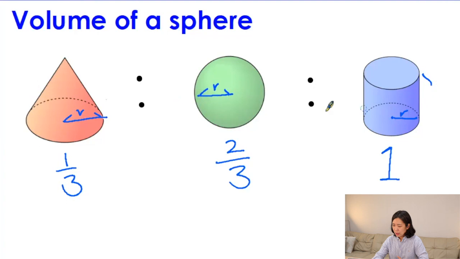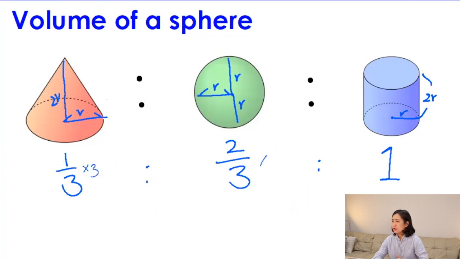Make sure their heights are the same. Heights are all the same, and the radius of the base is all the same. Since we've got a ratio, I don't want to see fractions in our ratio, right? Let's make them into whole numbers, the integers. So what we need to do is times 3 to all of the parts so that we get integers.